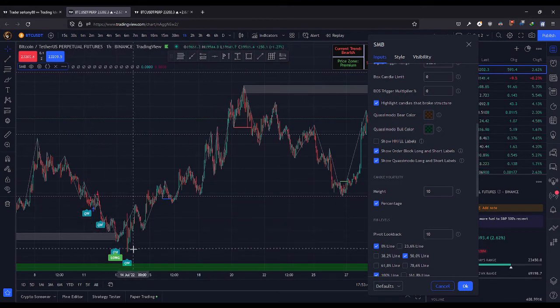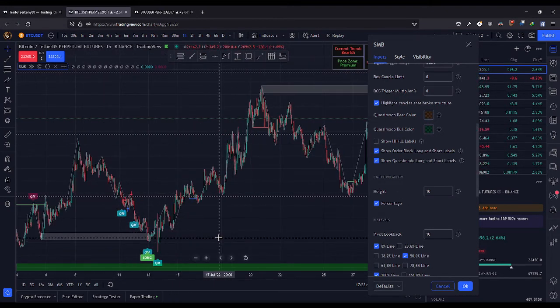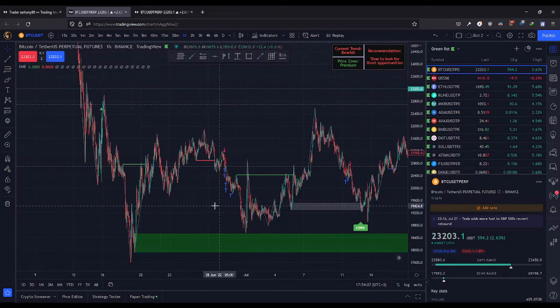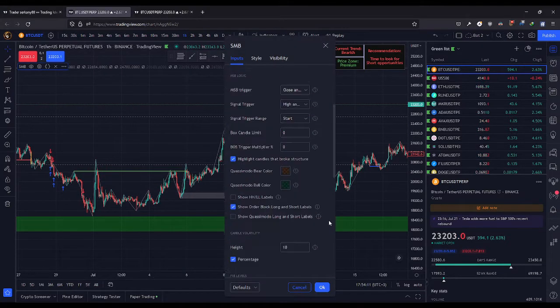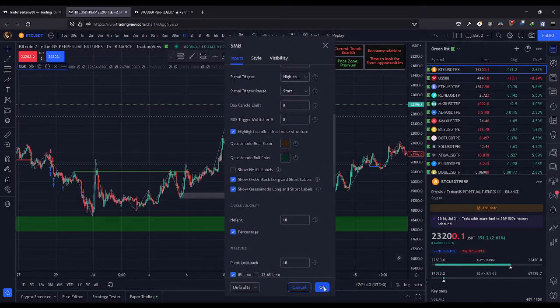And Quasimodo signals over here. Of course, these Quasimodo signals are more like secondary signals, and they can be a bit less reliable than order block signals. So if you don't want to use them, you can disable them over here, not show them, and they're not going to appear.